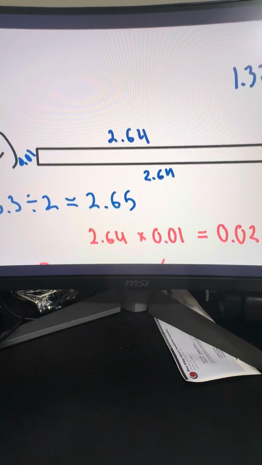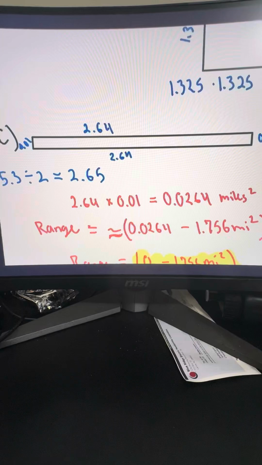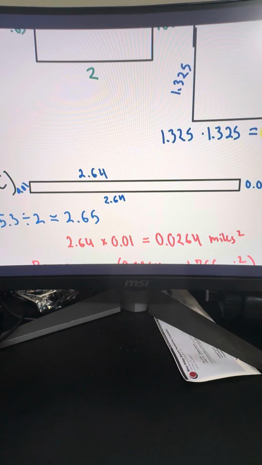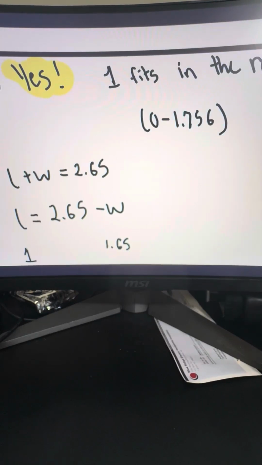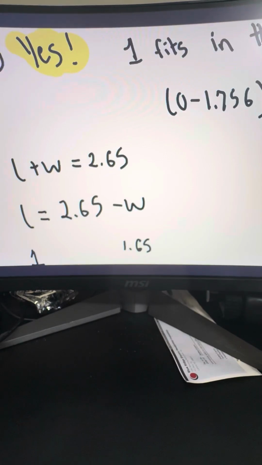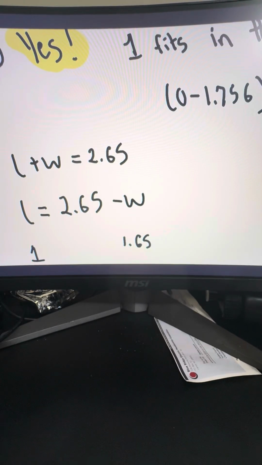That makes sense because the formula for perimeter is 2 times the length plus 2 times the width equals the perimeter. So we can simplify that down to the length plus width equals half of the perimeter, or 2.65. And then if we isolate one of the sides, we can see that length equals 2.65 minus the width.